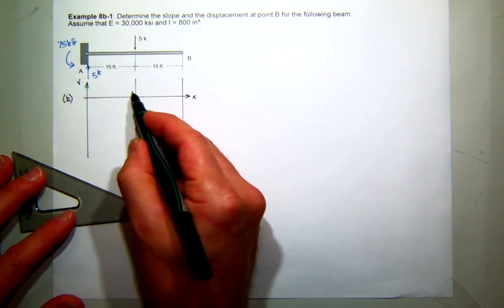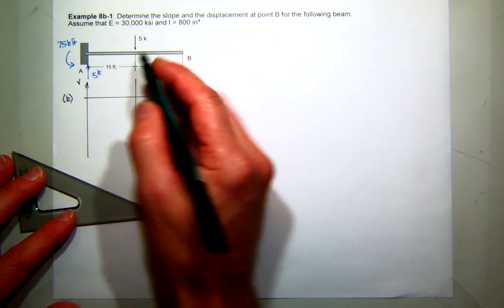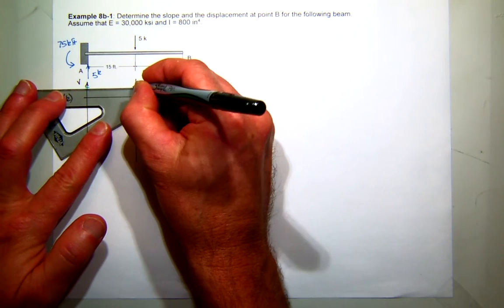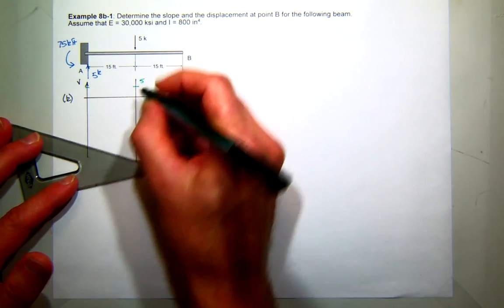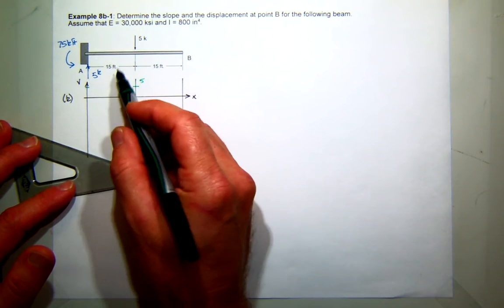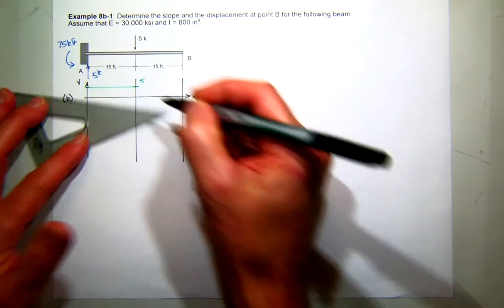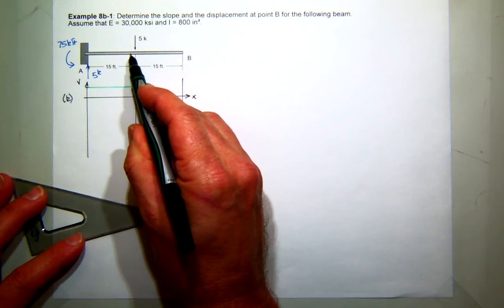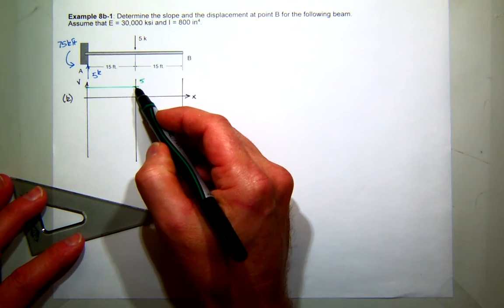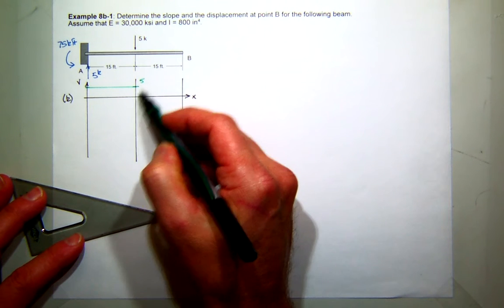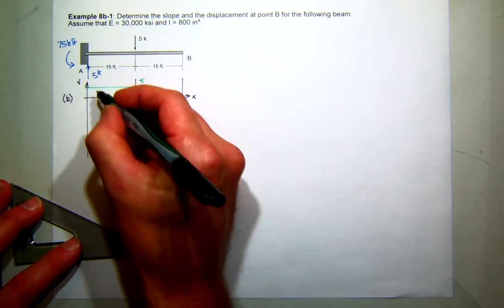The change in shear is equal to the area of the load curve, which is 0, so it's going to stay 5. The slope of the shear diagram is equal to the load. The load is 0, so the slope is 0. As I go from the left side to the right side of this 5 kip force, I come back to 0, and then there's no load. So we're done. There's the shear diagram.